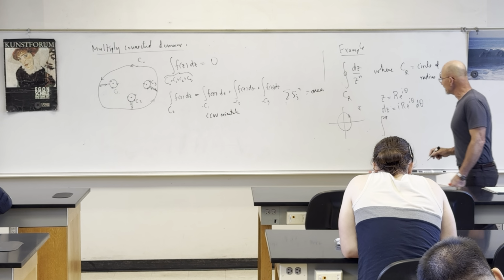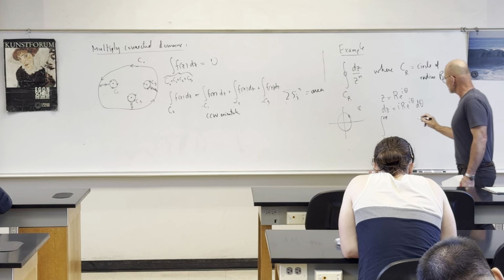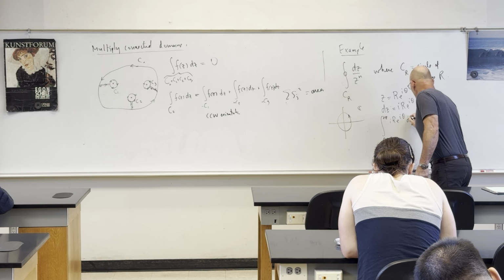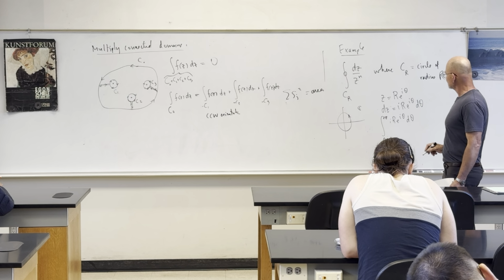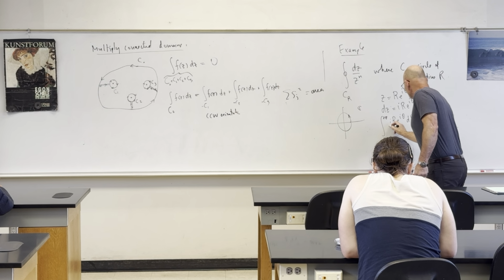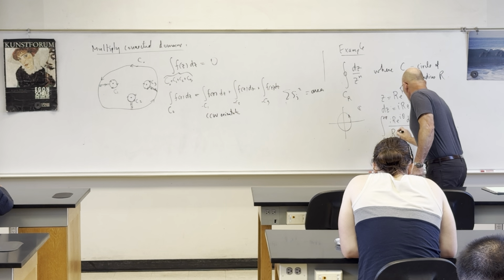This time we're going around the entire circle. i r e to the i theta d theta. z to the n is r to the n e to the i times n times theta.